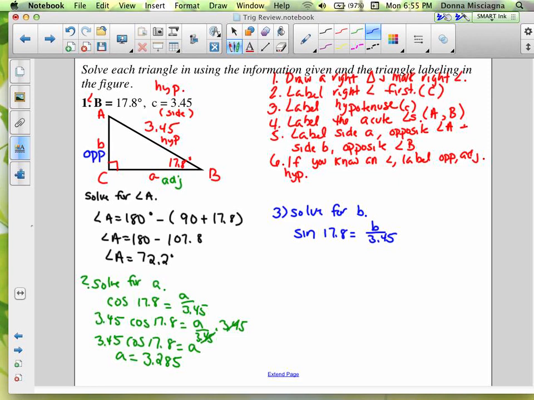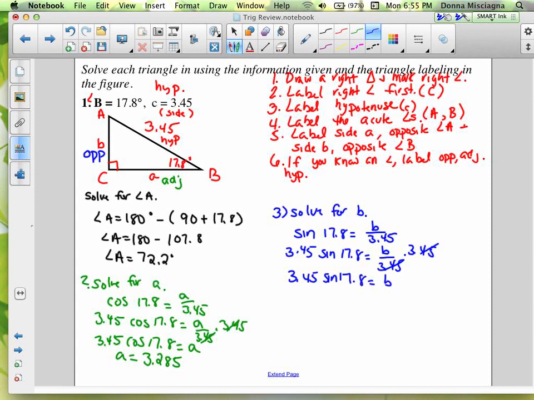It's pretty easy when you're looking for the opposite or adjacent side and you know the hypotenuse. You just multiply both sides by the hypotenuse, and B is isolated. So 3.45 times sine 17.8 equals B.